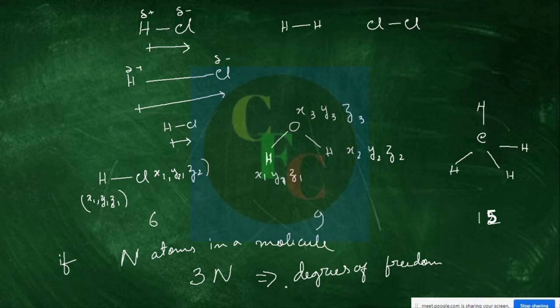But once you have fixed the coordinates of each of the atoms, and fixed the bond distances and bond angles also, then no further specifications can be made. So we have now 3n degrees of freedom for a molecule with n atoms.